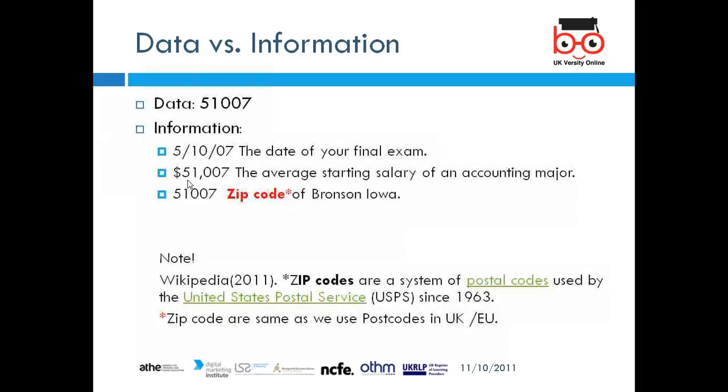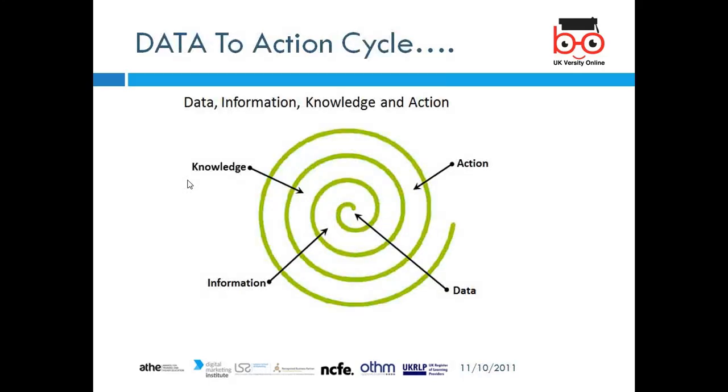So like when your exam is, when we have to submit, when we have to pay, all this becomes information. Data is just numbers. So if we have data, when we process it, it becomes information. When we have information, it becomes our knowledge. When we have knowledge, we can take action, we can make decisions. So first thing, we need data.